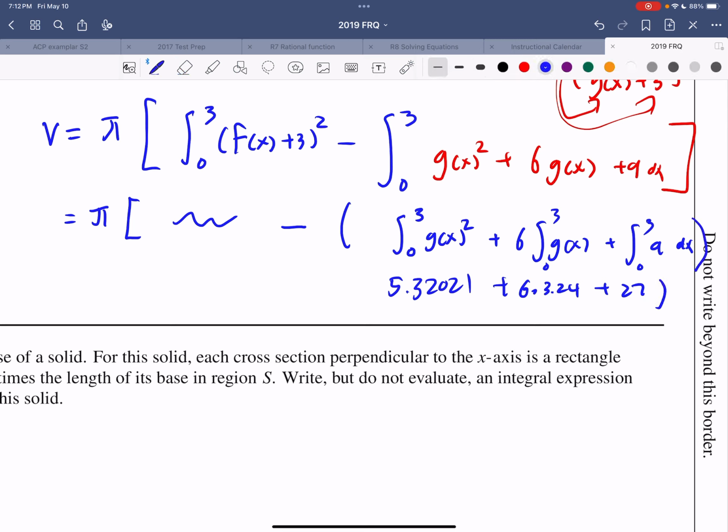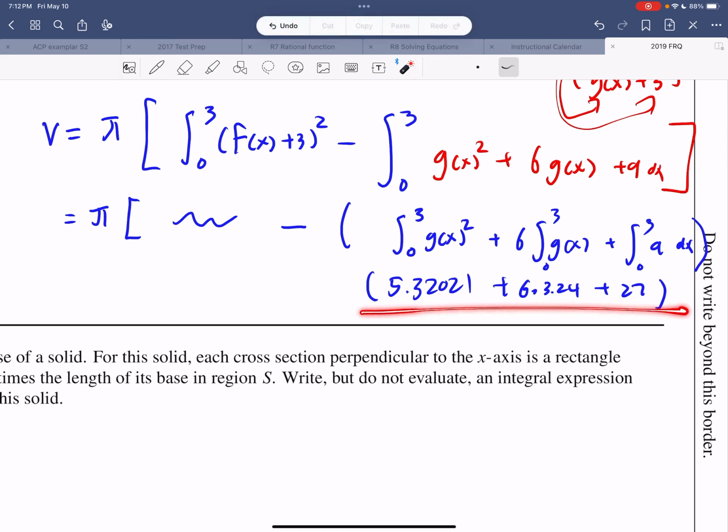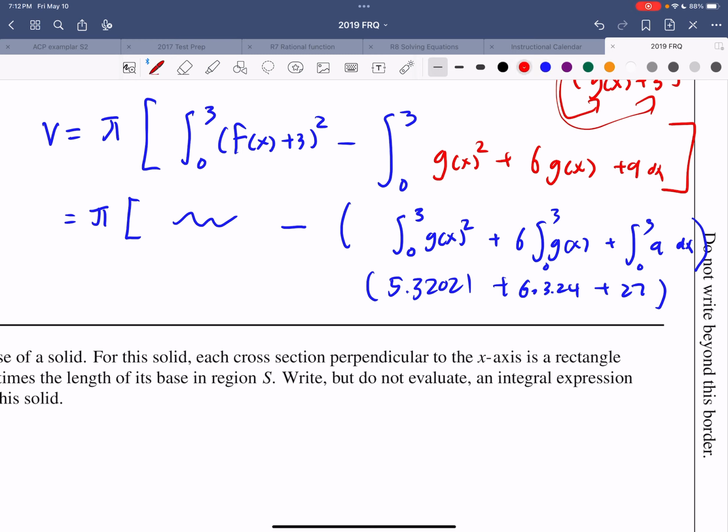So this entire thing is going to be this one, and do you see this minus? So you have to add them up, then you're going to get that number. What you've got to do is put pi here. Do you see this number? You've got to do this minus all these numbers combined. I don't know what that is.